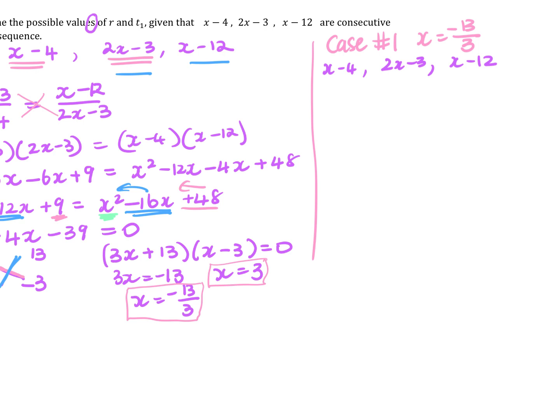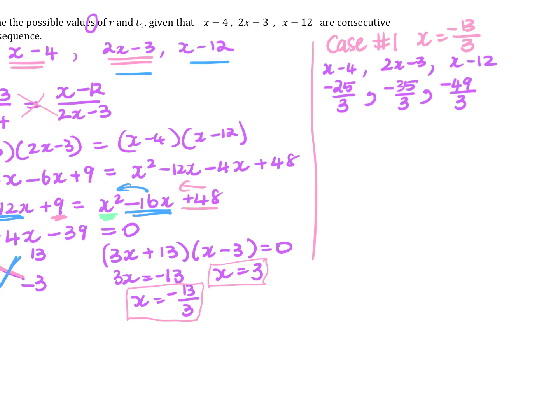Negative 13 over 3 minus 4 gives me negative 25 over 3. 2x, negative 26 over 3 minus 3, negative 35 over 3. This one, negative 13 over 3 minus 12, that would give me negative 49 over 3.